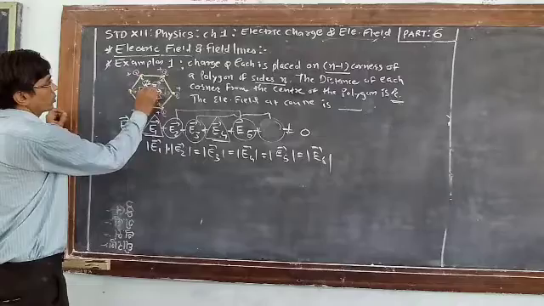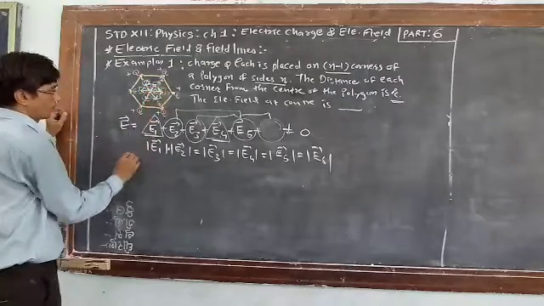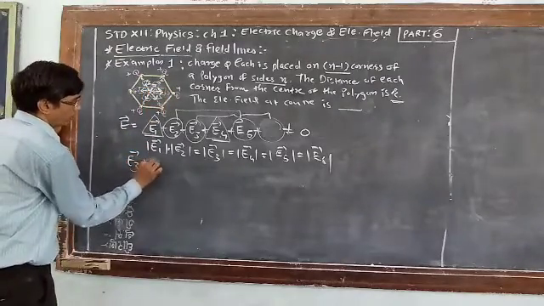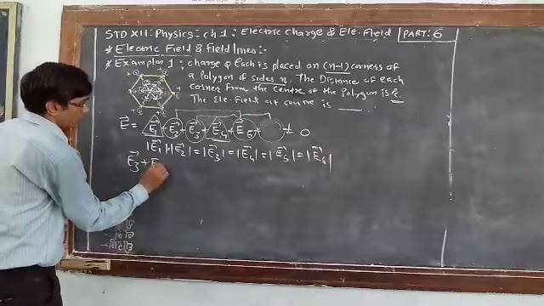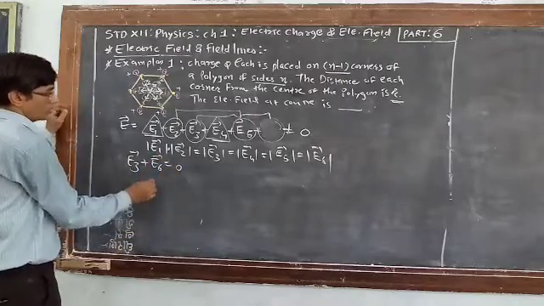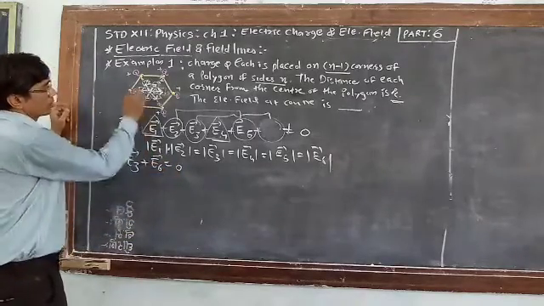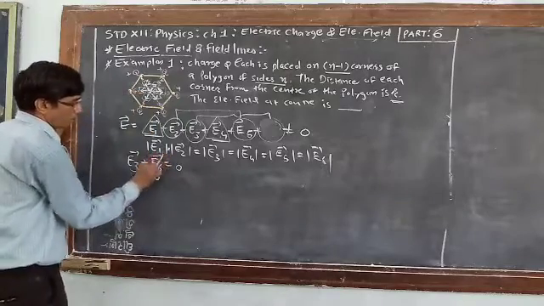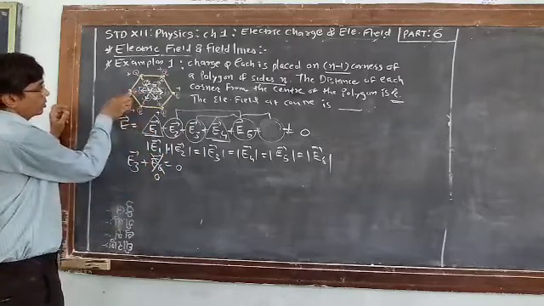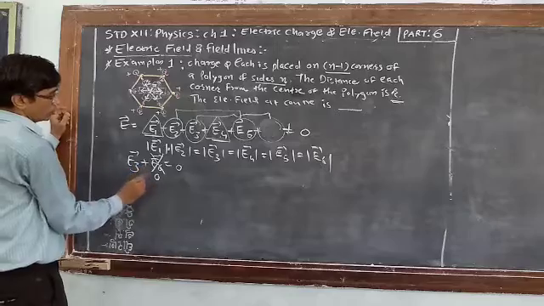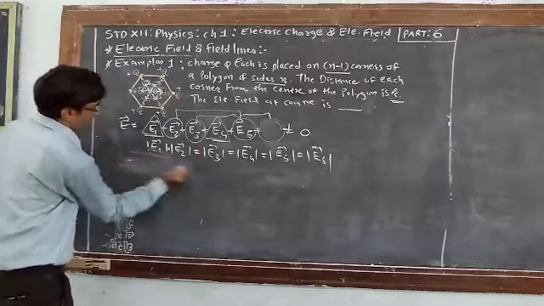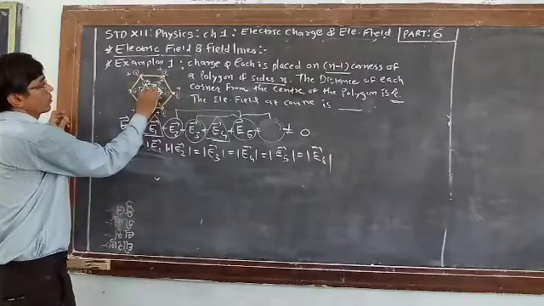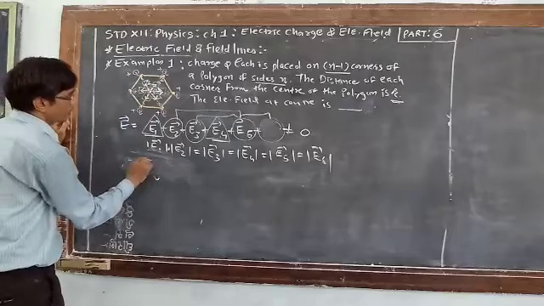If you write E3 plus E6, here E6 is 0, because on the sixth corner there is no charge. So we get the resultant at the center as just E3.